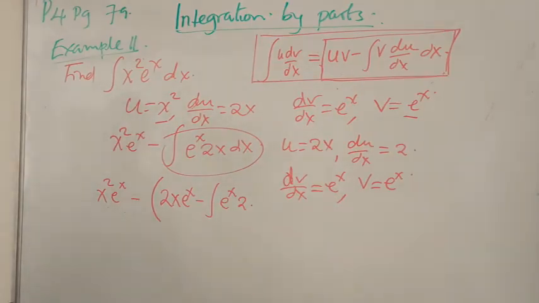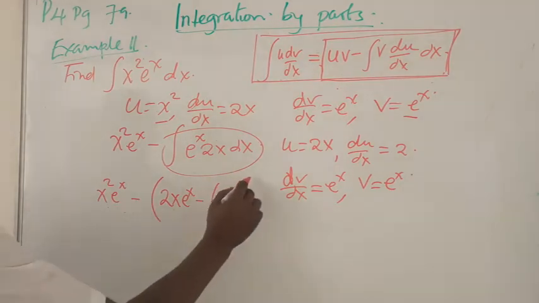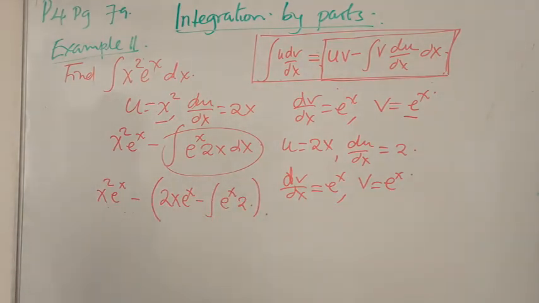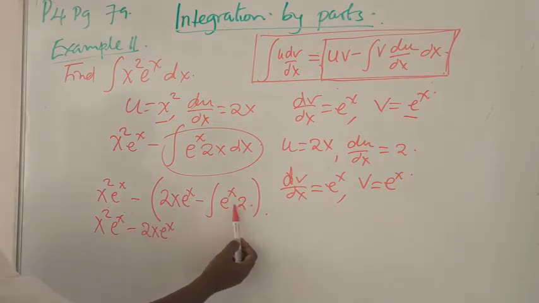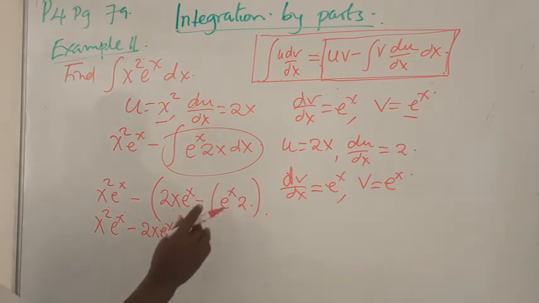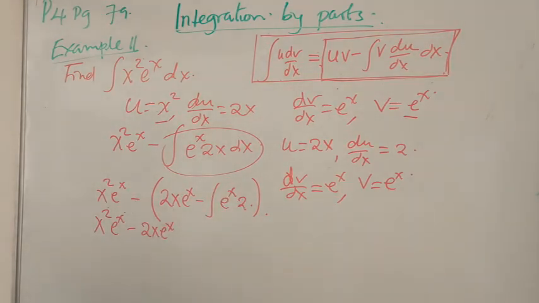What we have here is we now need to open this bracket. Opening the bracket is easy, so we have x squared e raised to power x minus 2x e raised to power x, and because of this negative and this negative, and the 2 is a coefficient which should actually be positioned.